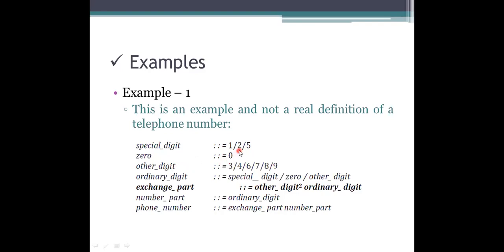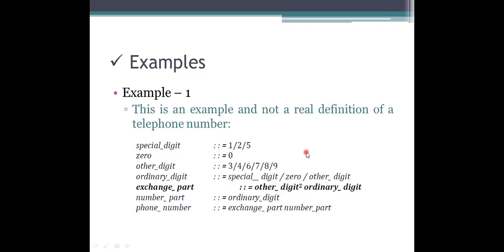Other digits means other than the special digits and the 0, so we consider the other digits, that is 3, 4, 6, 7, 8, 9, separated by the slash here. And next, ordinary digit. Ordinary digit has been specified as a special digit or 0 or other digit.